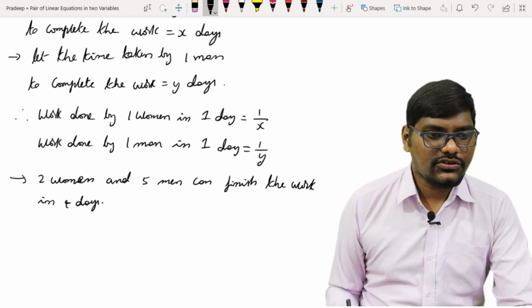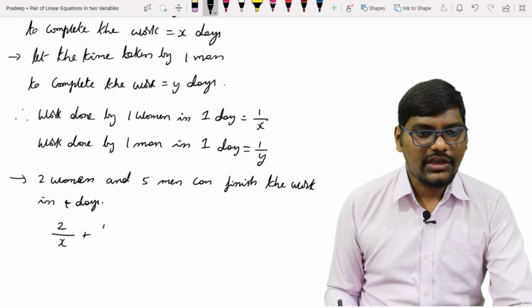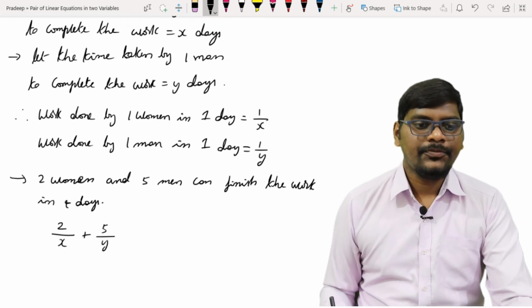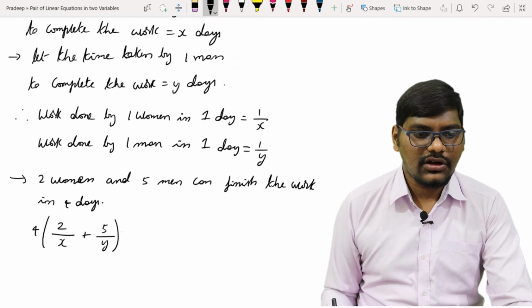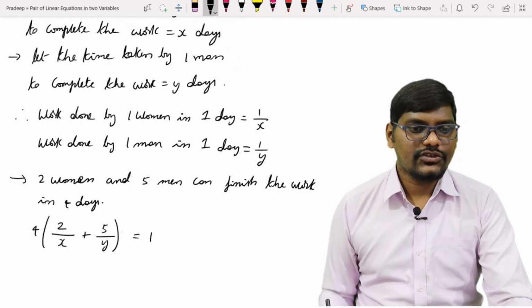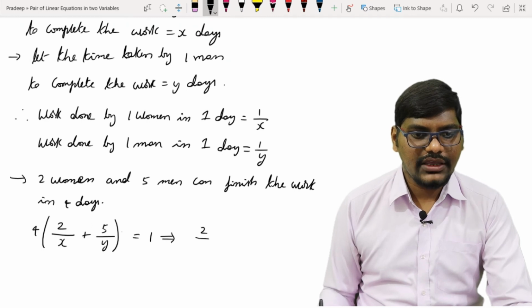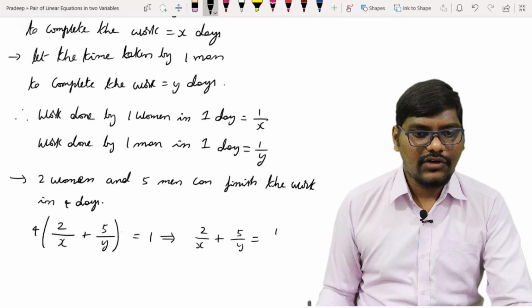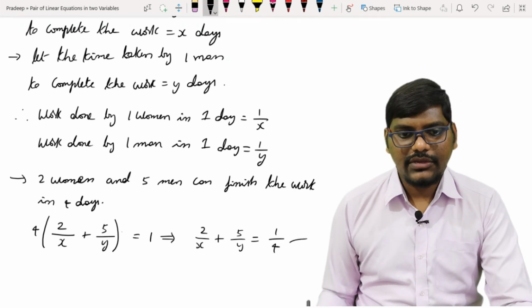So that is 2 women, that is women we took it as X, and 5 men we took it as Y. So they are taking total how many days? 4 days. So we'll just multiply with 4, so that is 1. So this we can further write this equation as 2 by X plus 5 by Y equal to 1 by 4. As this 4 is coming to other side, that is becoming 1 by 4.